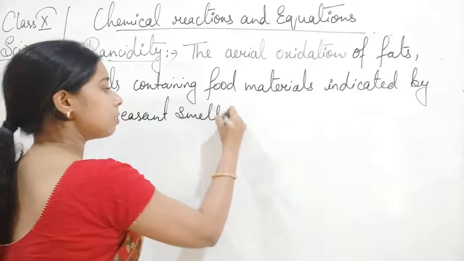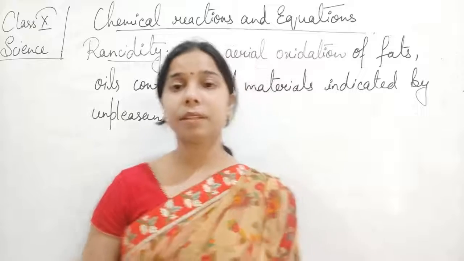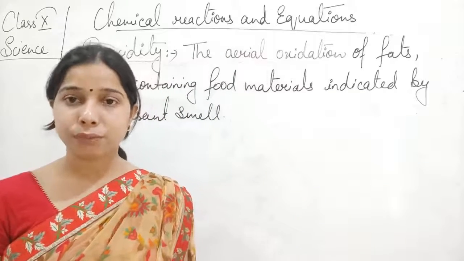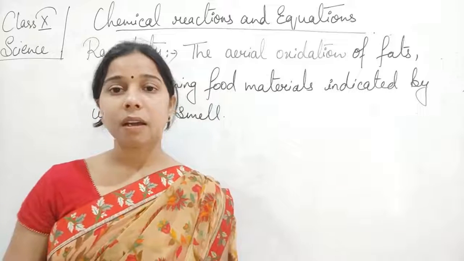It means when a foul smell or an unpleasant smell starts coming out of the food, we will say that it is rancid food. It means the oxidation happens here and due to which the smell is coming out.